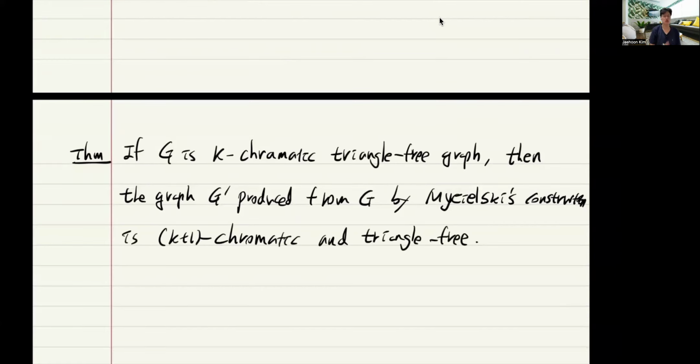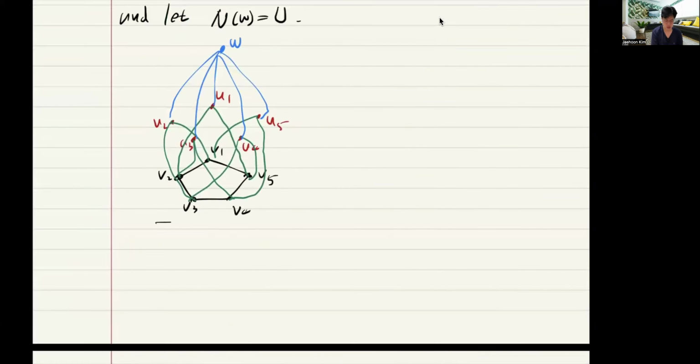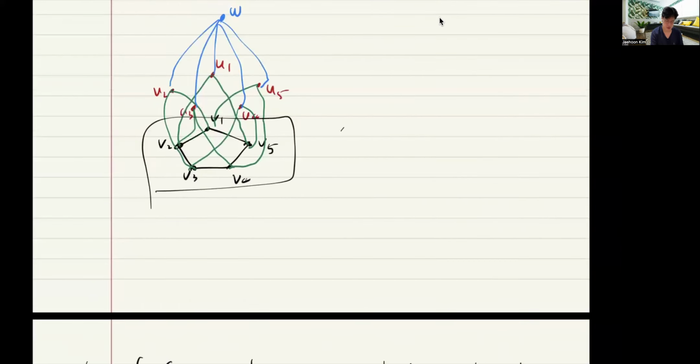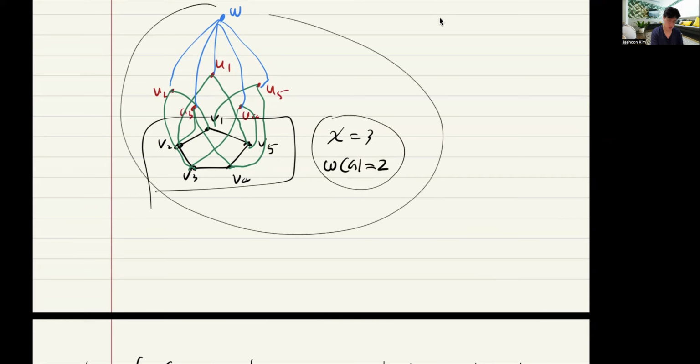So why do we prove this theorem? If this theorem is true, then C5 has chromatic number 3 and is triangle free, which means that its omega, the clique number, is 2. Then you apply this Mycielski construction, and what you get is chromatic number 4, but the clique number is still 2.